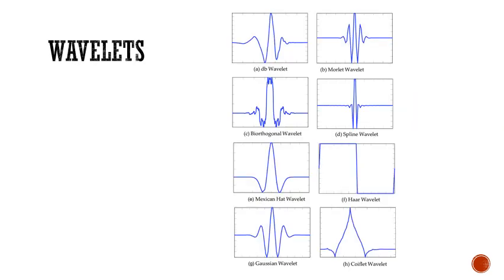Next, coming to wavelets. You may be new to this term. So what are wavelets? To speak of wavelets in general terms, they are nothing but short duration wave-like oscillations, or brief oscillations of short duration. There are different types of wavelets available. Some of them are shown in this figure, something like the Haar wavelet, Gaussian wavelet, Morlet wavelet, dB wavelet, biorthogonal wavelet, etc. Now, these wavelets are the foundation for representing images in various degrees of resolution.